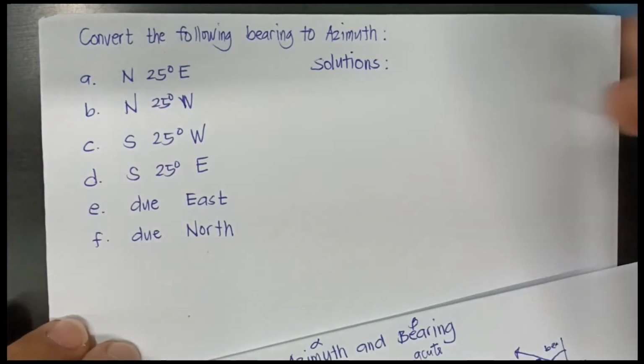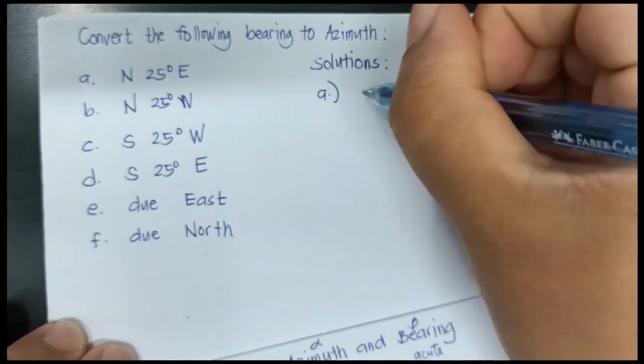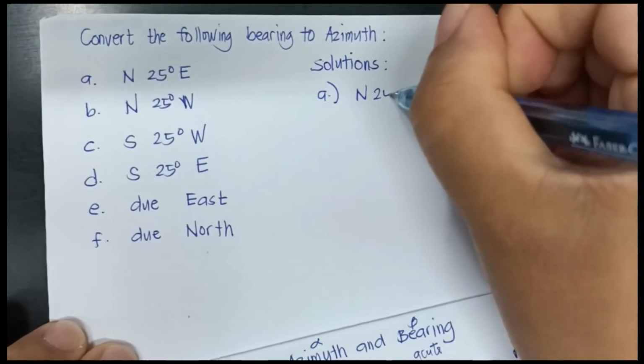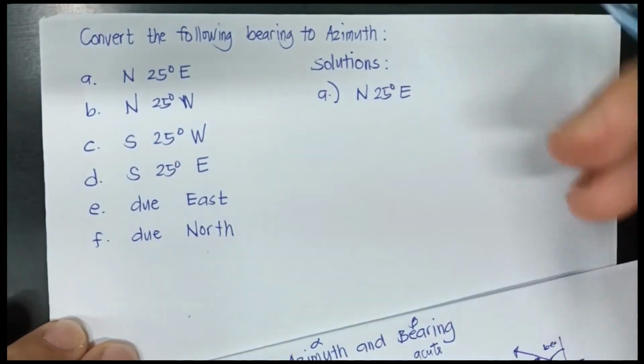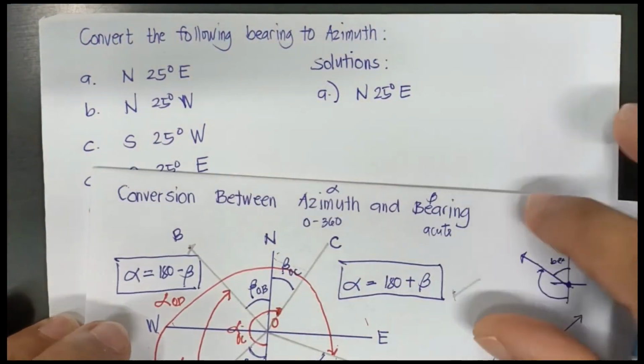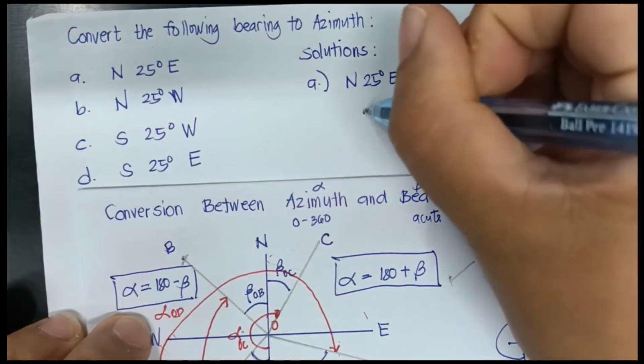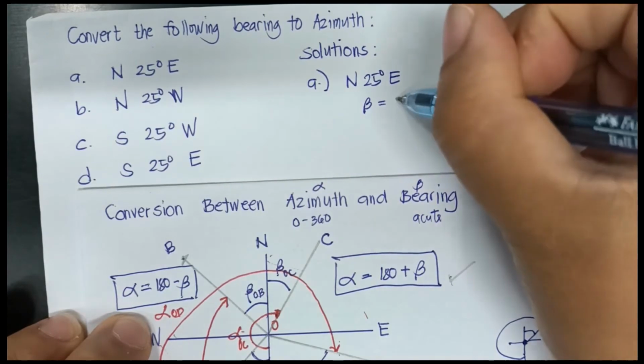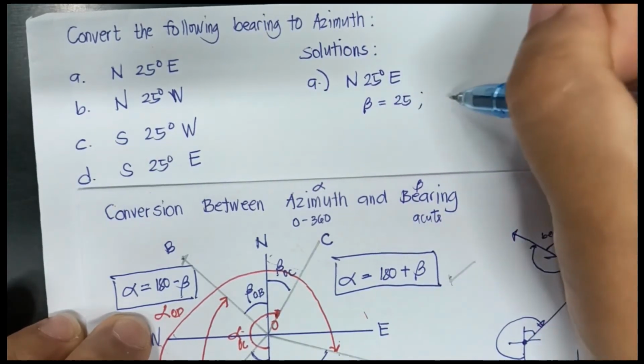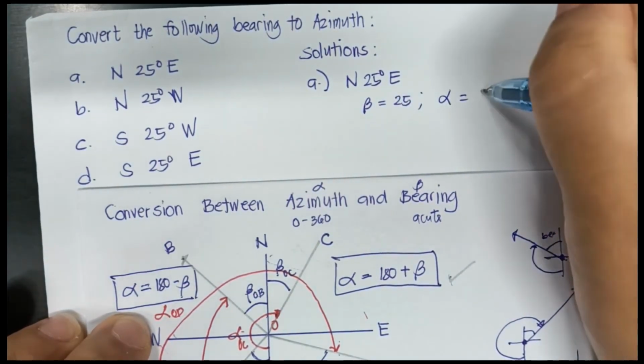For letter A, that is north 25 degrees east. Using that, we can say that beta, or the bearing angle, is 25, and we are asked to solve the alpha.